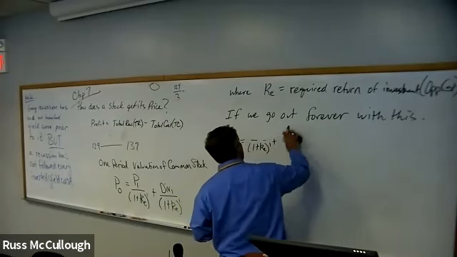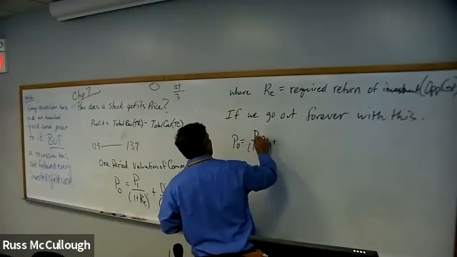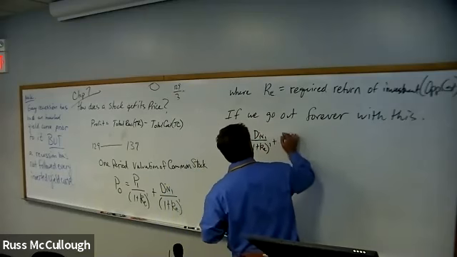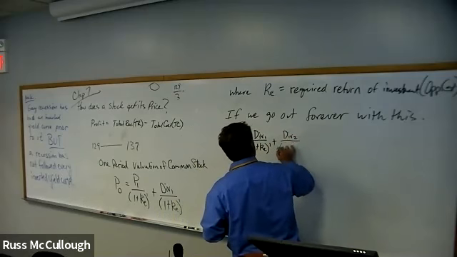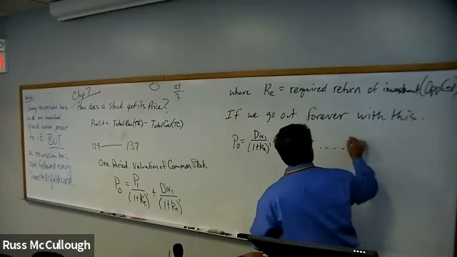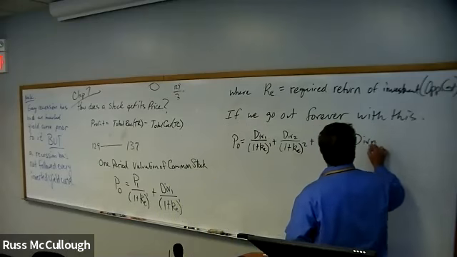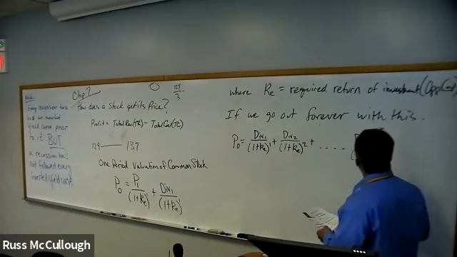I want to put dividend there, not price. Make sure you don't put P1, that goes at the very end. So dividend 1, dividend in time period 2, raised to the 2 power plus dot dot dot, dividend n raised to the required return to the n power.